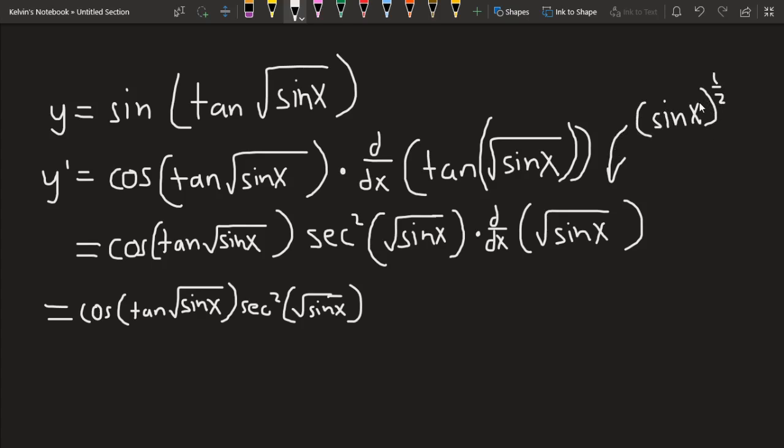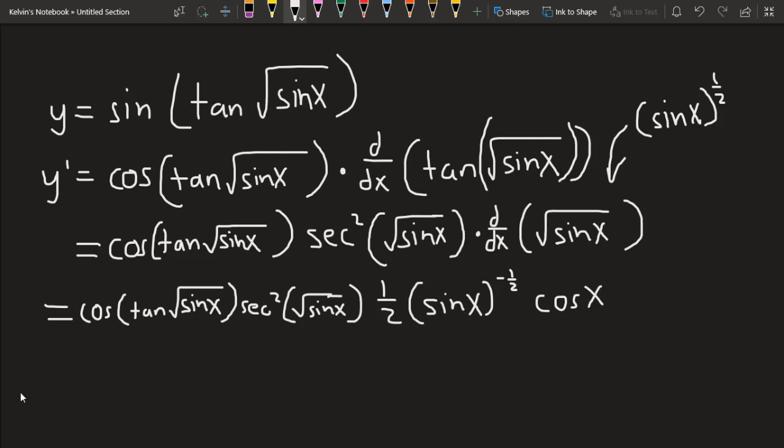So knowing this, we can just use the general power rule. So let's do that real quick. So the general power rule is 1/2 sine of x to negative 1/2, and then we have to do the derivative of sine of x now. So the derivative of sine of x is just cosine of x, like so.